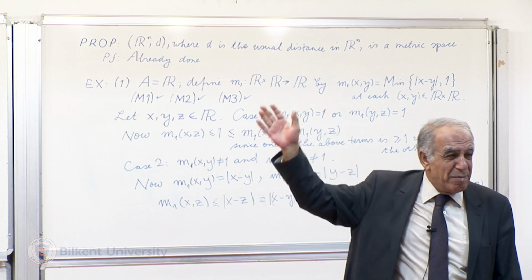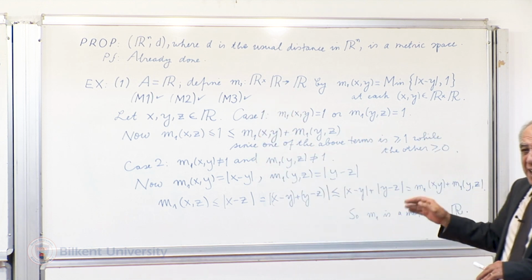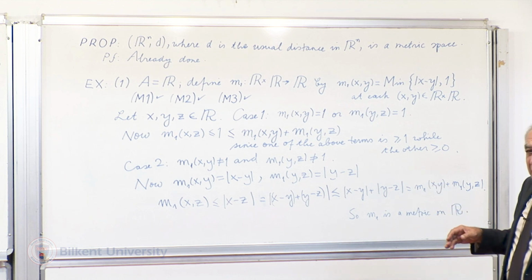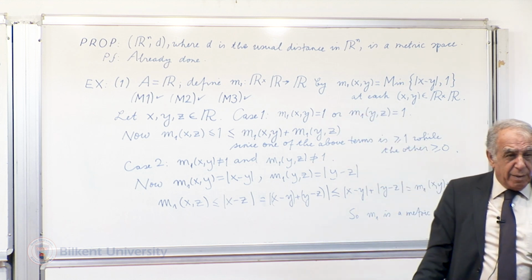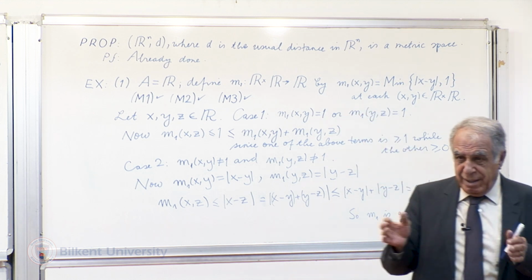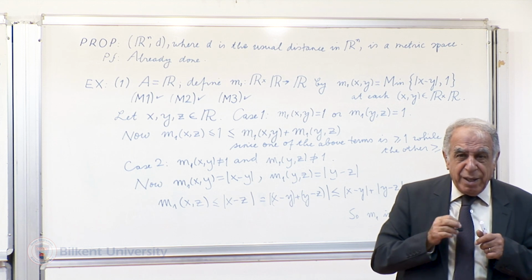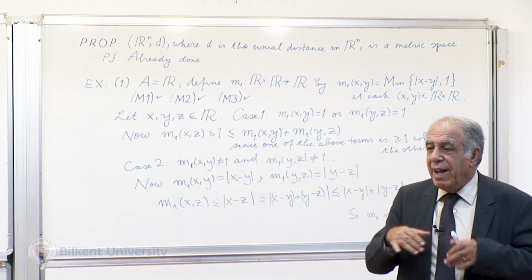Well, after that, it's much. So this is like thinking in those terms. Well, if the usual distance between x and y is less than or equal to 1, you're interested in the actual value of that.